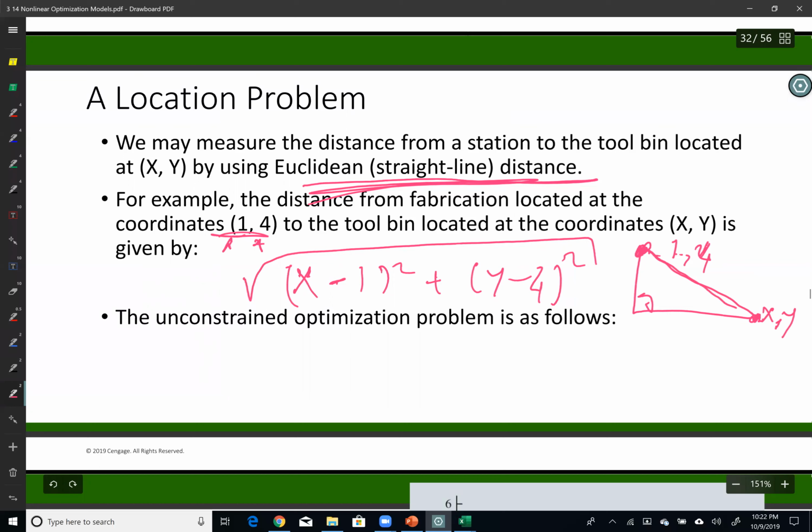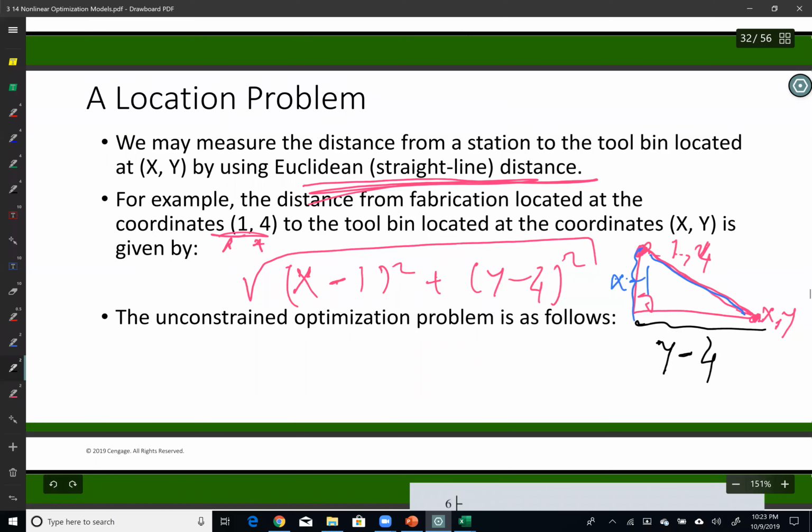The horizontal distance is X minus 1, and the vertical distance is Y minus 4.